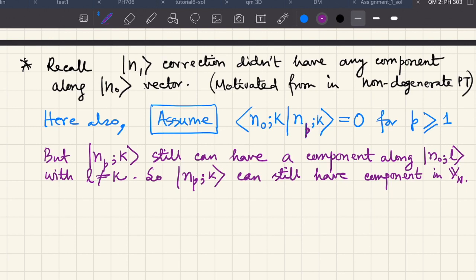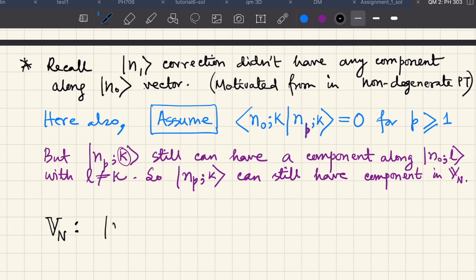But note this thing: what happens if this k changes? That means npk still can have a component along n0l. No one is actually stopping me from having a component along n0l. What do I mean by that? Let us recall what are the elements of this subspace Vn.